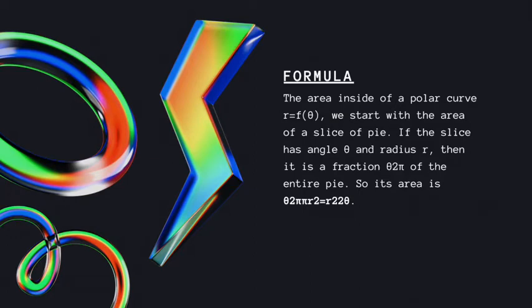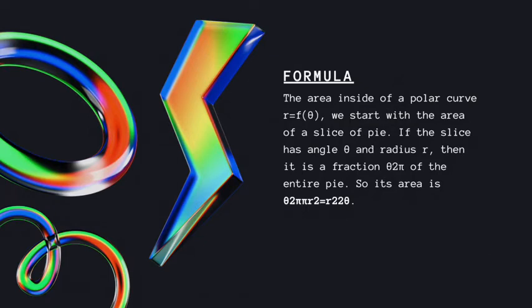If the slice has angle theta and radius r, then it is a fraction theta over 2 pi of the entire pie.